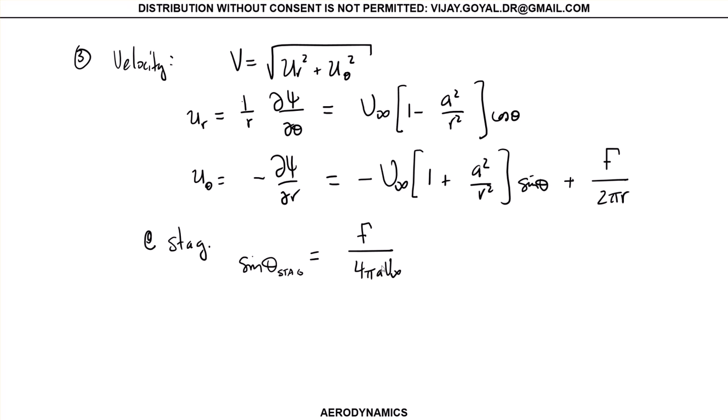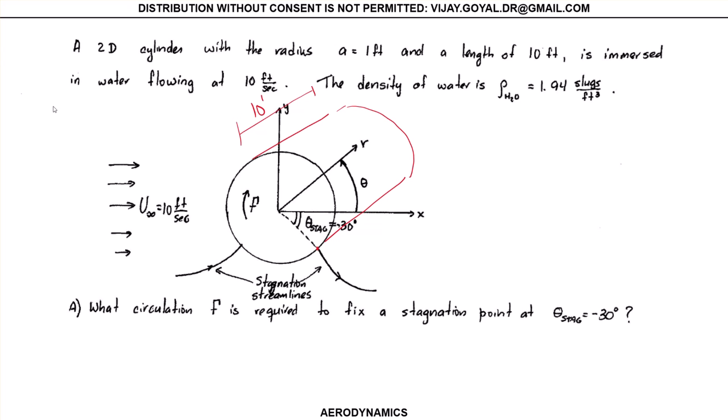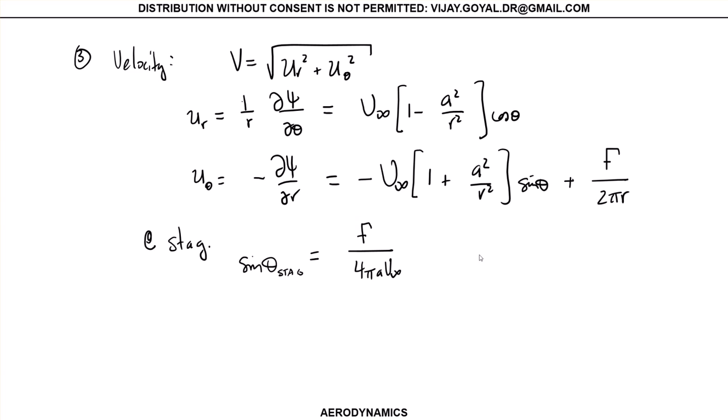So the question you are asked in this particular problem is, what's the value of gamma such that your stagnation angle is equal to minus 30 degrees?